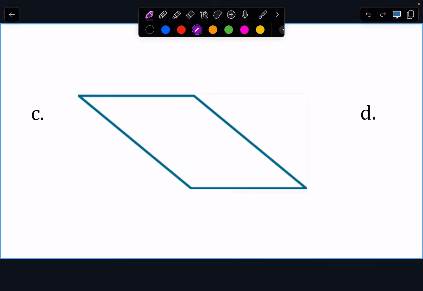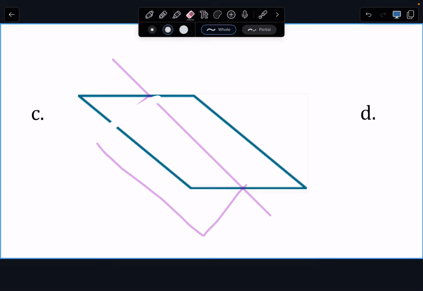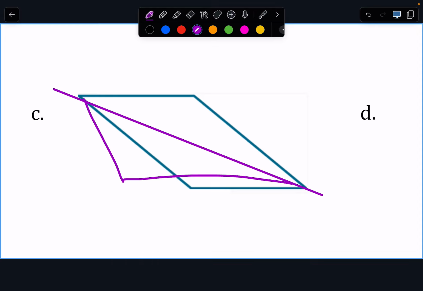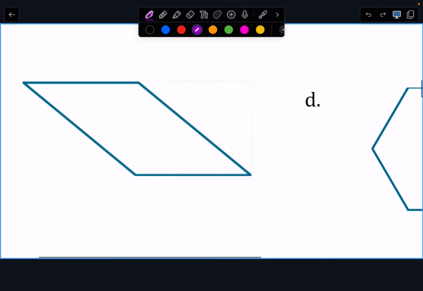If I fold it along this line, no, it'll look like this. Okay, what else? If we do this, no, it will look like that. You just gotta do some origami here. You can get it.